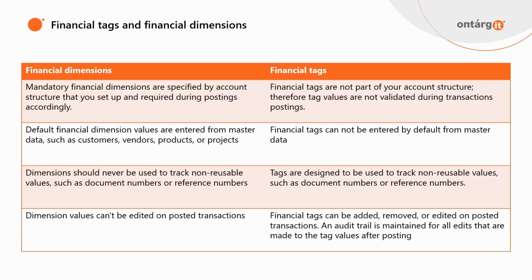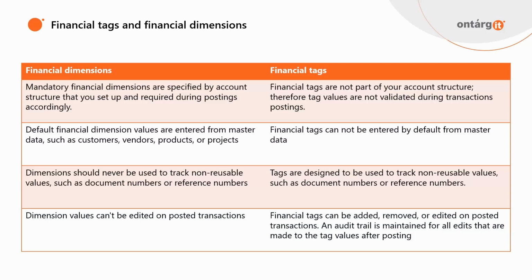Let's discuss. To start with, financial texts are not part of your account structure. Therefore, tag values are not validated during transactions postings. On the other hand, mandatory financial dimensions are specified by the account structure that you set up and required during postings accordingly.